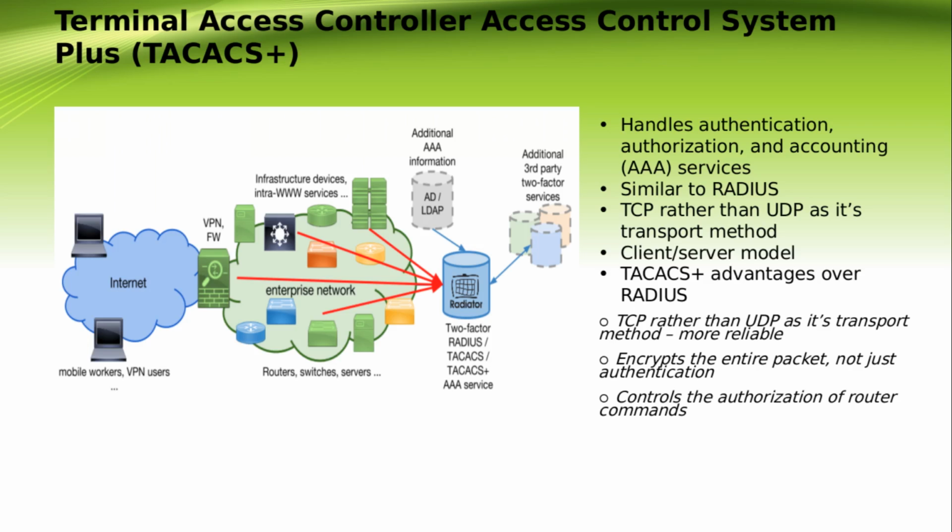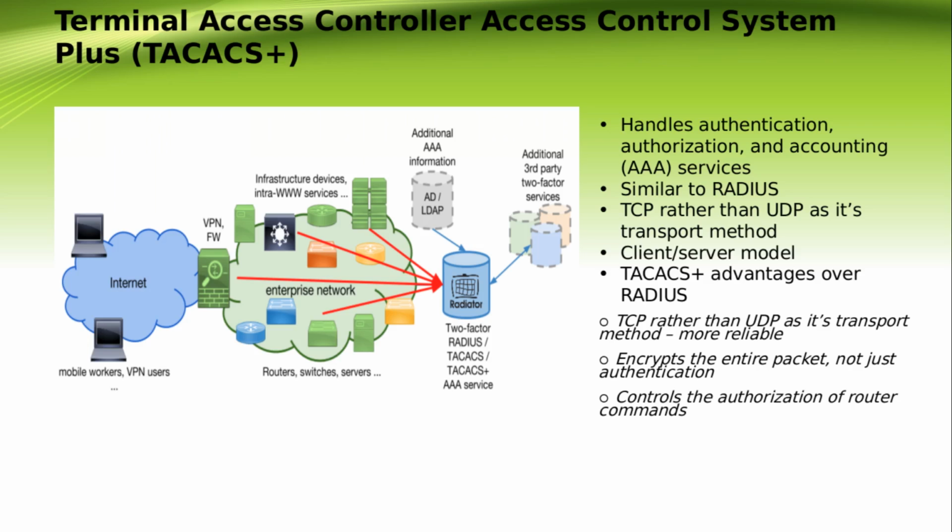You can check the previous video. So authentication, authorization, accounting services. Although it derives from TACACS, TACACS Plus is a separate protocol that handles AAA services. TACACS is similar to RADIUS but uses TCP as a transport method.